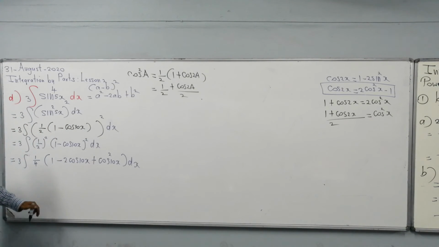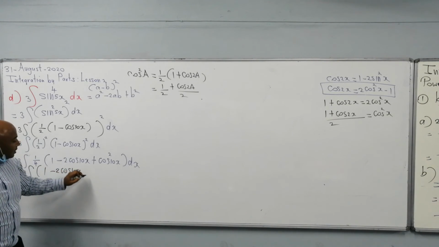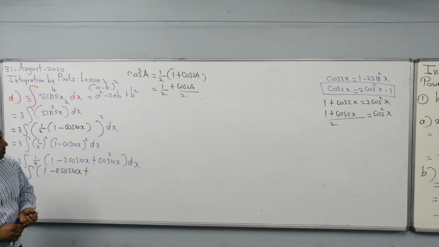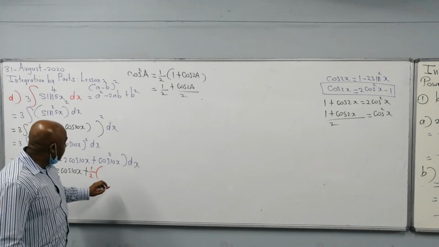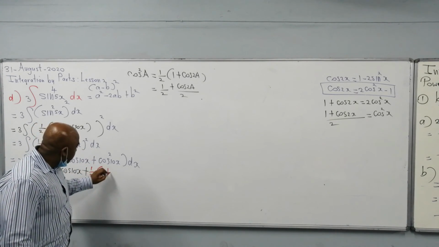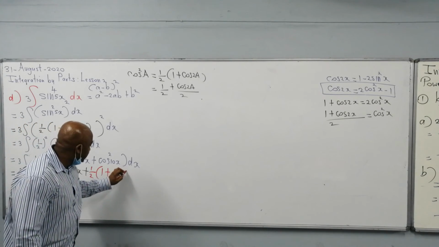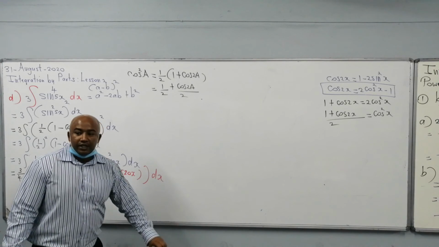So we need to apply the formula here now. That's going to be 3 times 1 over 4, which is 3 over 4. Then I got 1 minus 2 cos 10x plus cos squared 10x. Apply the double angle formula there, which is half into 1 plus cos double 10, you get 20x, close there, dx.